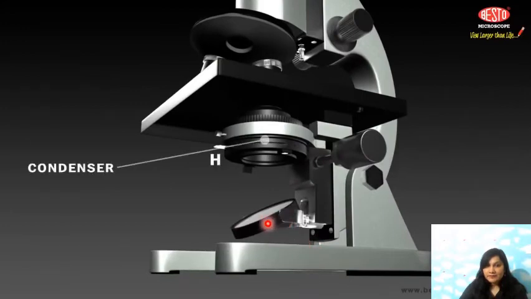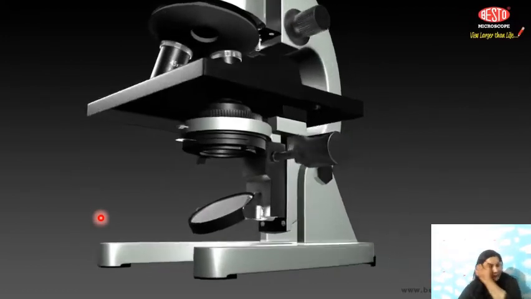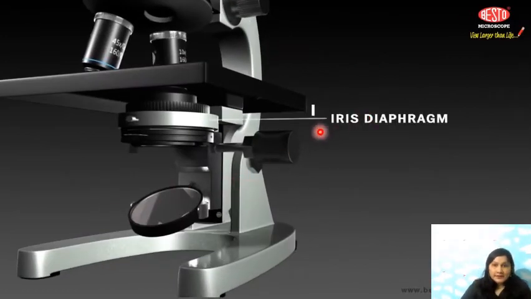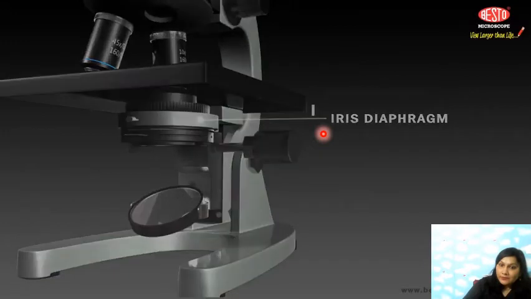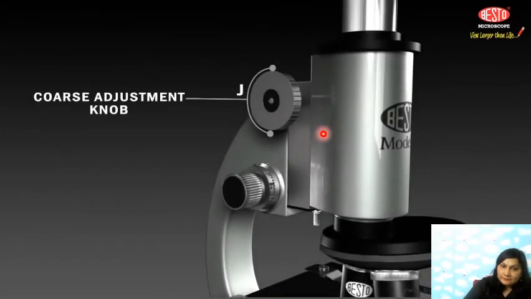This is the mirror. This is the condenser lens. This lens is used to condense the light rays obtained from the mirror. This is the iris diaphragm. I will tell you that it has different holes. These are the coarse adjustment knob.